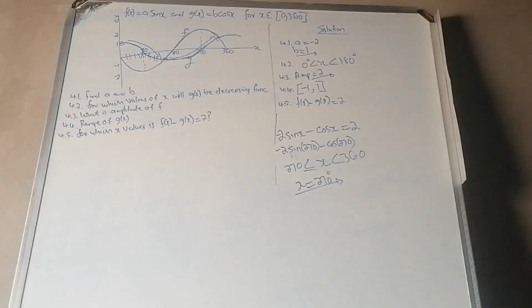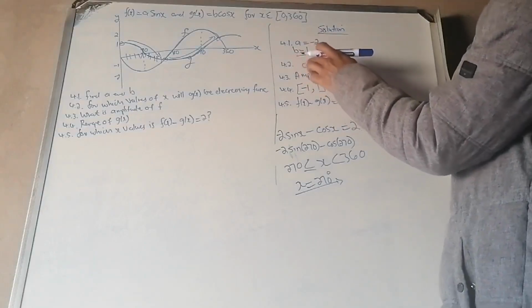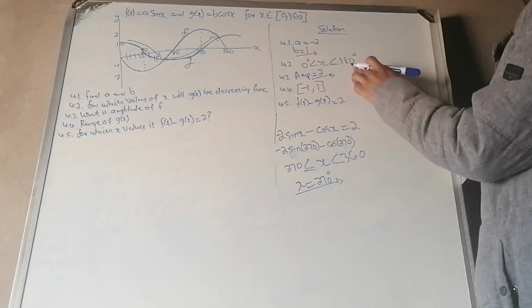Simple. Re bolelle 4.2 na ke bokae? 4.2 A. 0 degrees. All right. X must be greater than 0 and X must be less than 180.